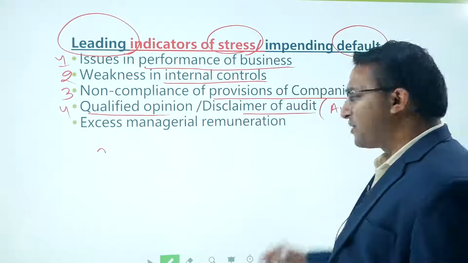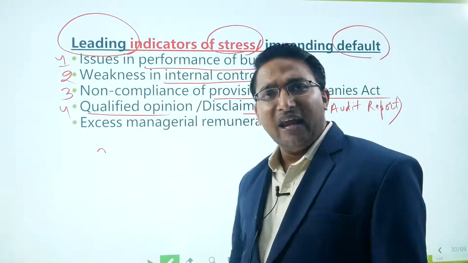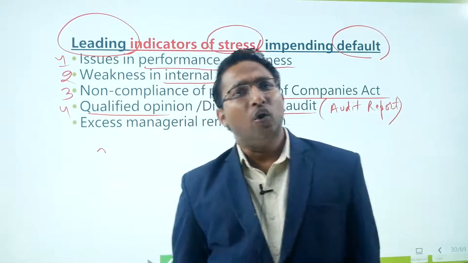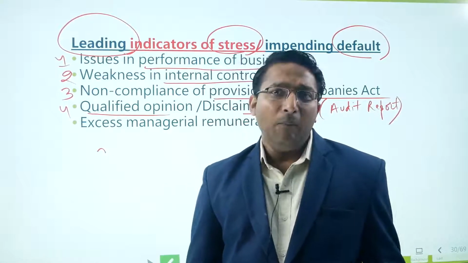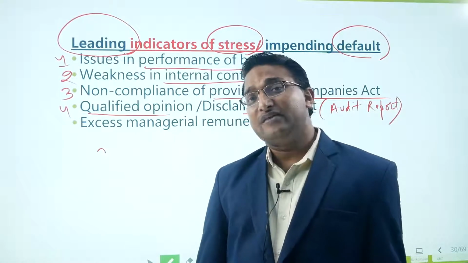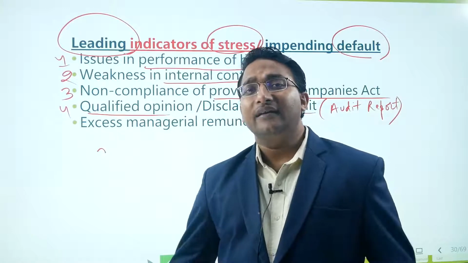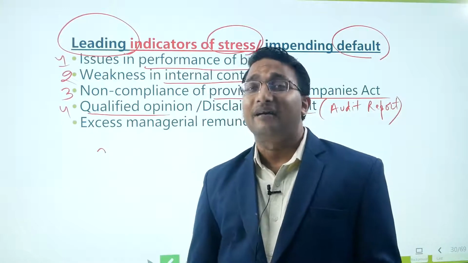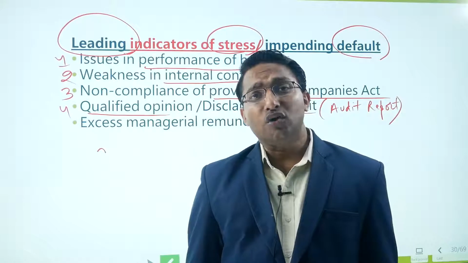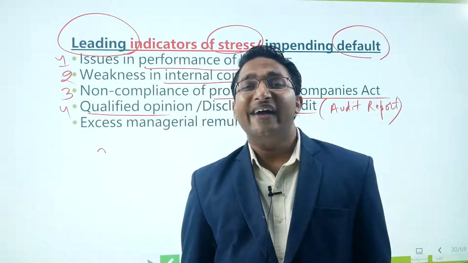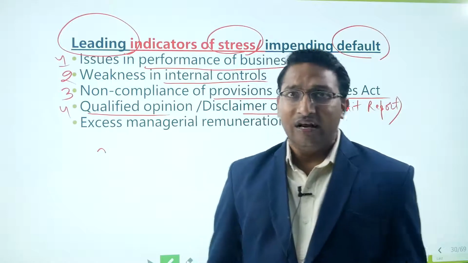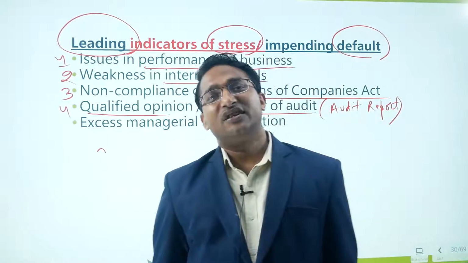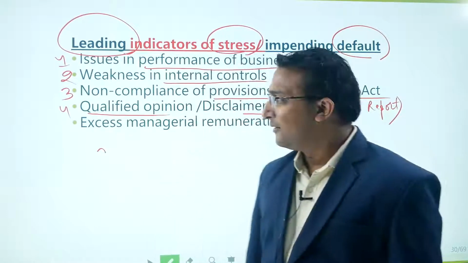Disclaimer of opinion means that the auditor is saying that even though I am not able to identify any lacuna, still I am not able to find any evidence based upon which I can say that these statements are completely reliable. So the auditor shows the inadequacy of evidence, inadequacy of data, inadequacy of information. In that case also, the financial statement may not be completely reliable.